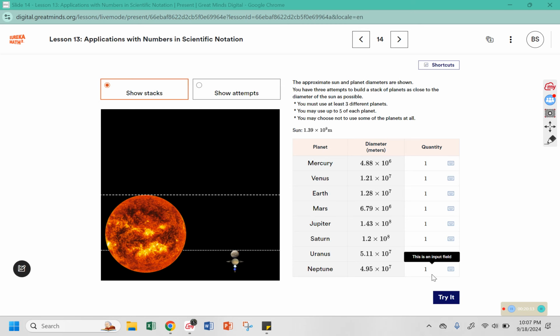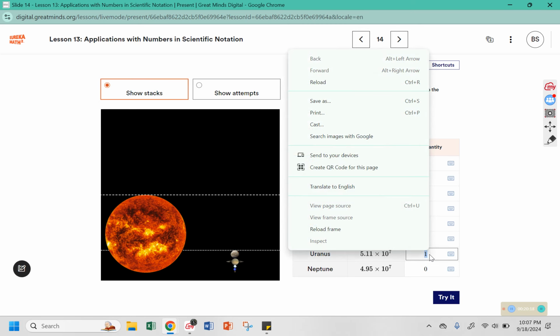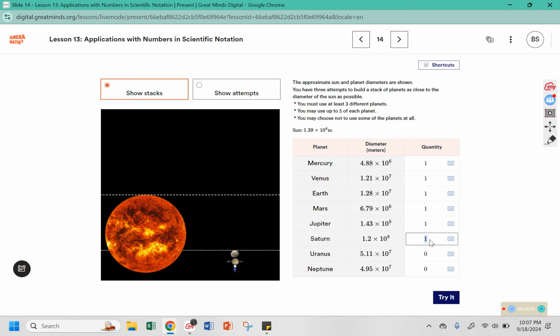I'm going to start by making these all 0, and then I'll adjust how many I want in a minute. I'm going to use the largest planets because I'm trying to get to 10 to the 9th, so I want to use some of the larger planets.